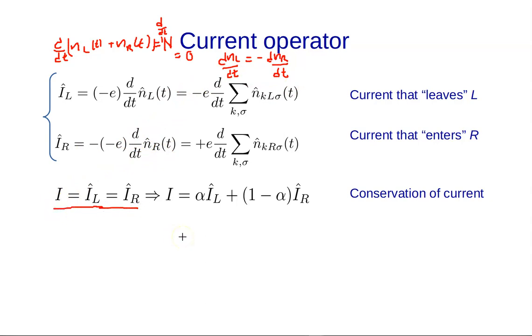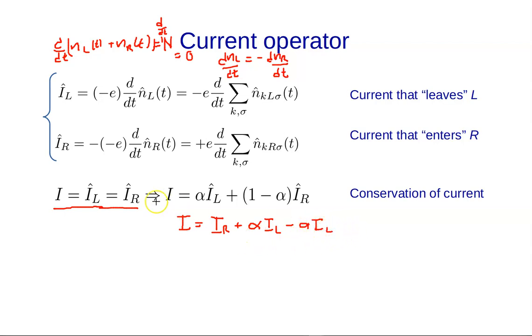And if they're equal, I can write the conservation of current: the current that leaves L equals the current that arrives at R, and that's what I'm calling the current, this I here. I can write it as I_R plus 0, which is alpha I_L minus alpha I_L, for any alpha, okay?